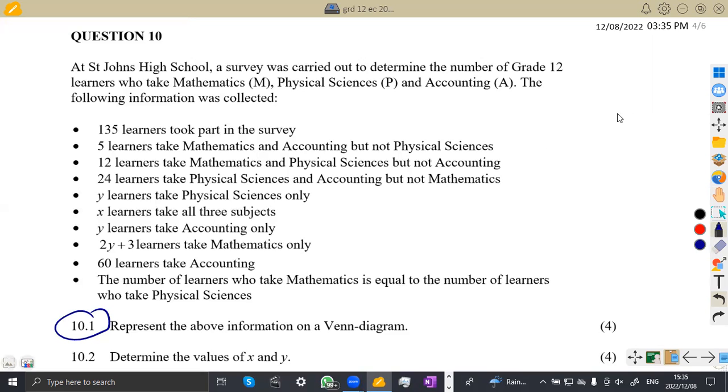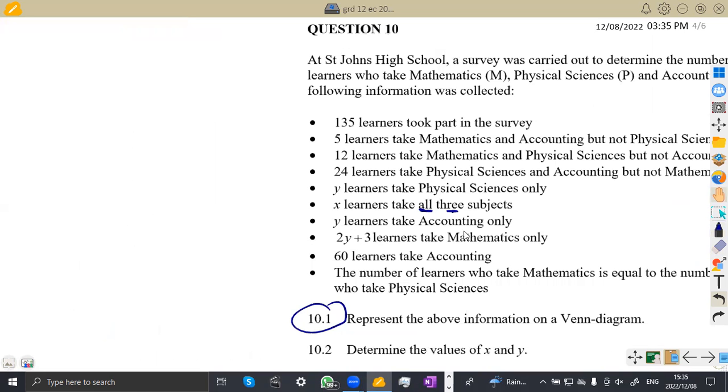Where do we find this? With those who are taking all the 3. We are given here that X learners take all 3 subjects, so there is an intersection of the 3.